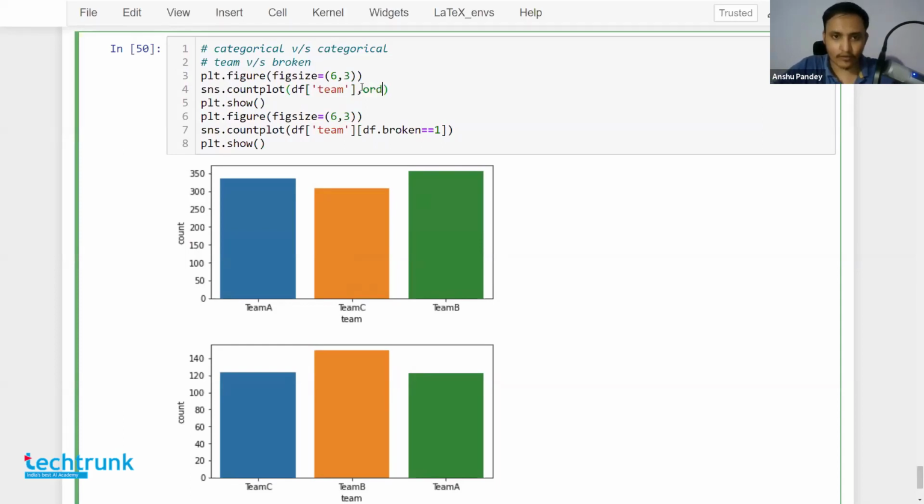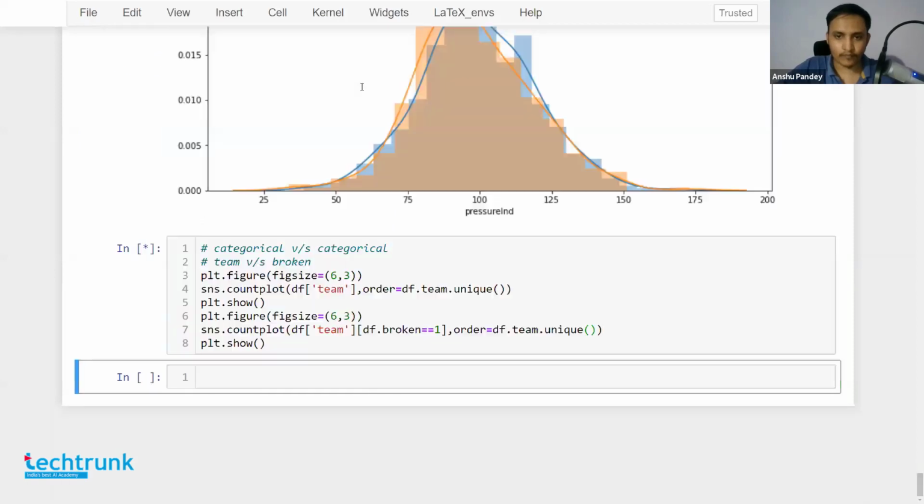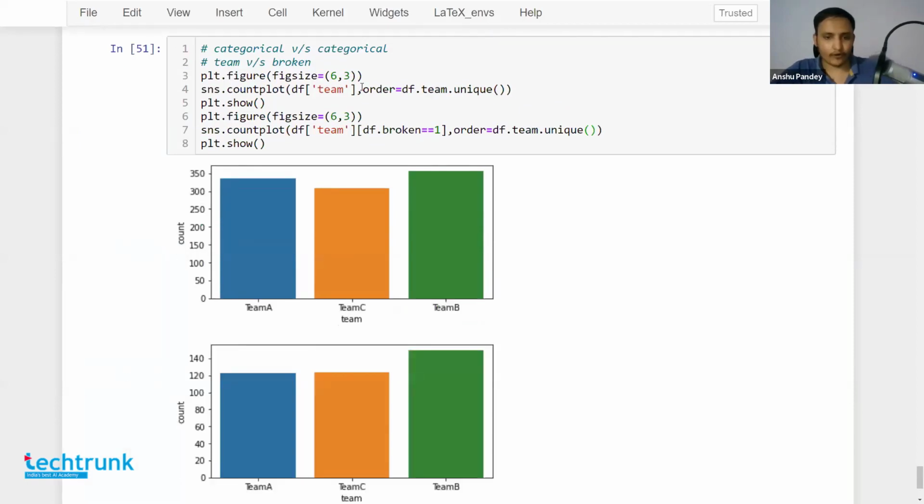So you can say order equals df.team.unique. So now we have it in the same order, team A, team B, and team C, like that.